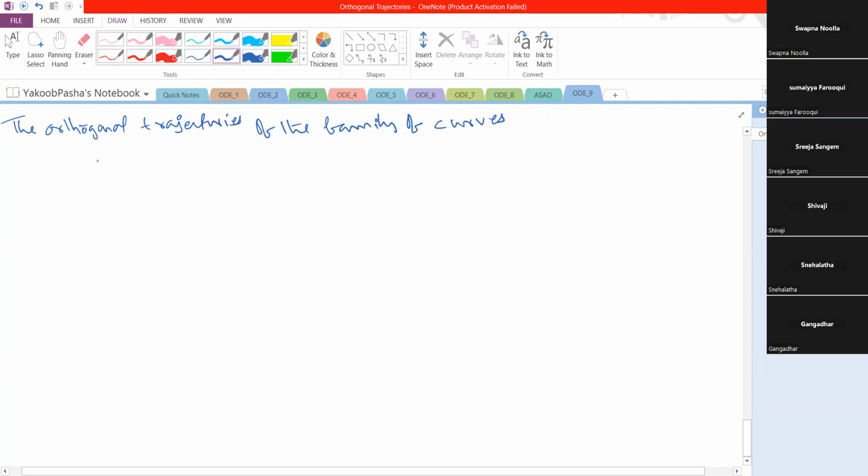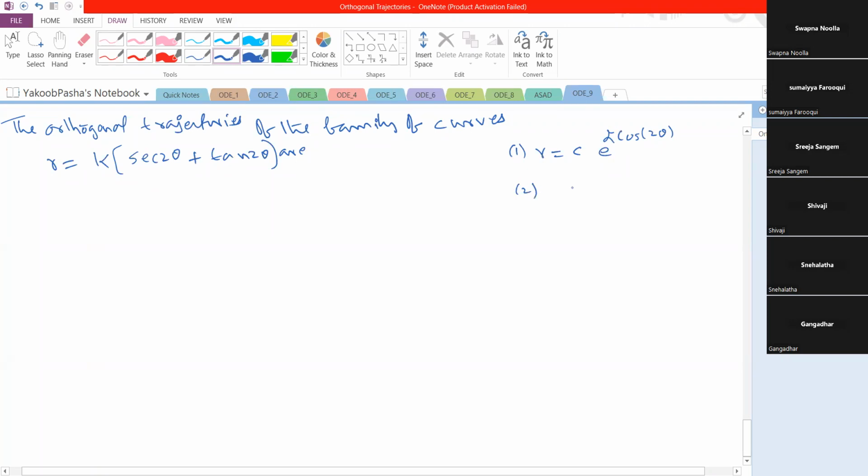R is equal to K into sec 2 theta plus tan 2 theta R. First option, R is equal to C into e to the power of 2 cos 2 theta.